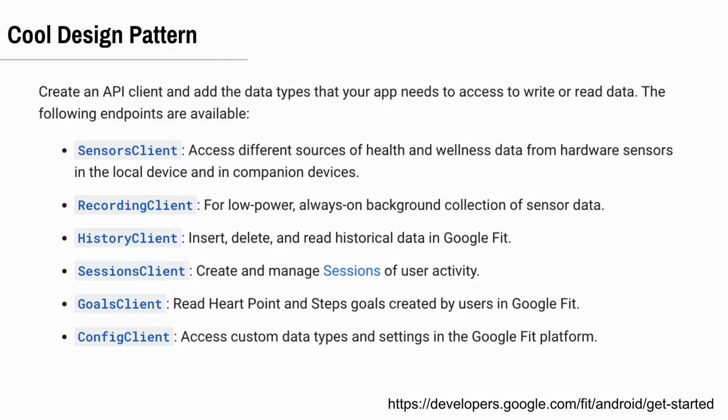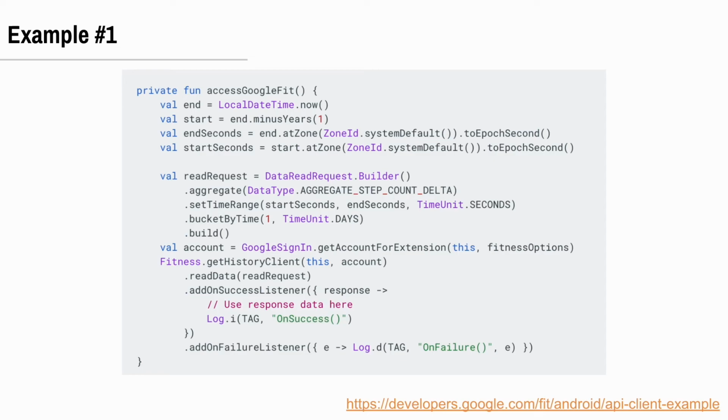And so we have a little bit of an example here where we can go through and see that we are accessing Google Fit. We're going to do a read request here. We have a start time, end time as well, but that's a little bit separate. So first, we're going to build that data read request and aggregate specifically step count delta.